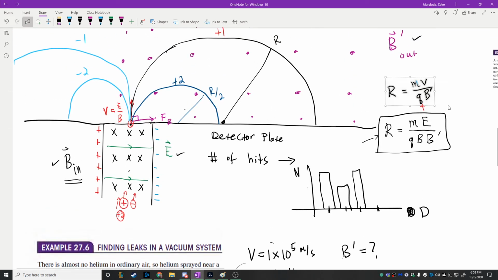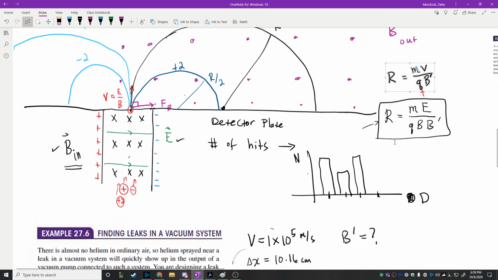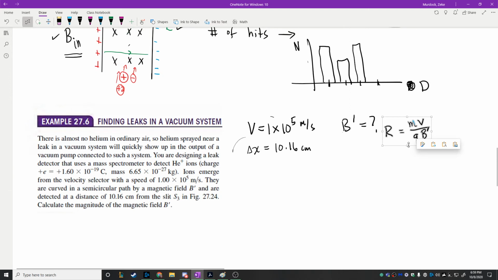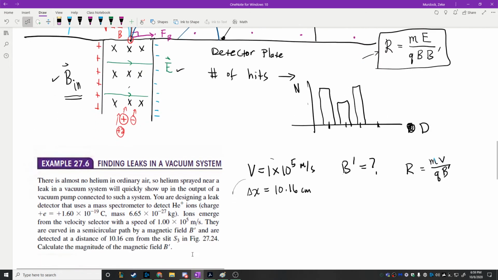So we're going to use this equation, because we've already been given velocity, mass, charge, and I'll show that we've been given the radius too. Let's look at the way this is worded. It says they are curved in a semicircular path, just like what we have up here, by the magnetic field B prime, and are detected at a distance of this from the slit.